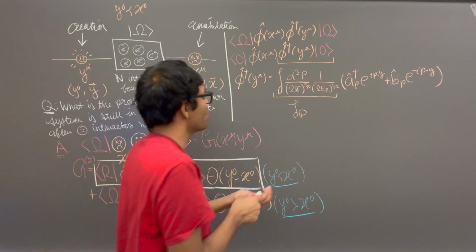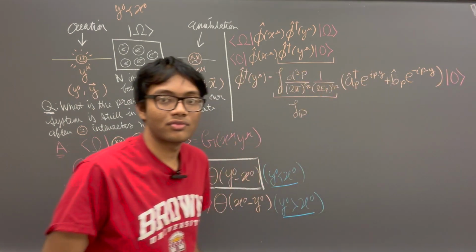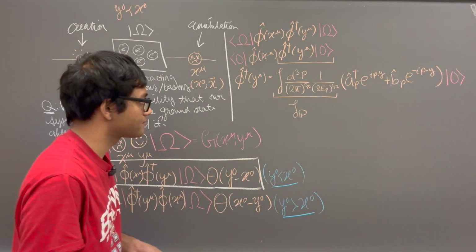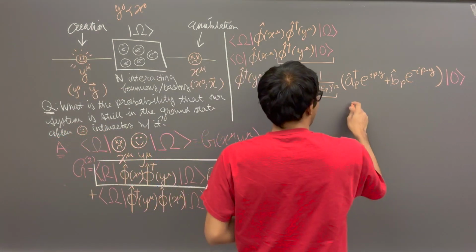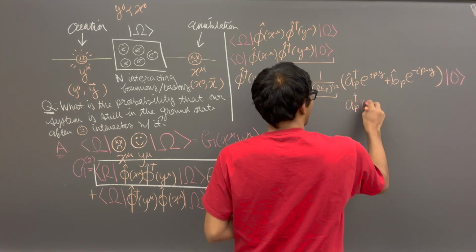Now let's go ahead and act this on the vacuum, ket 0. What's going to happen? Let's take a look at what A P dagger acting on the vacuum does.